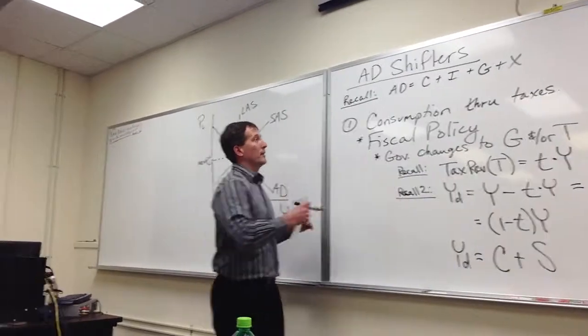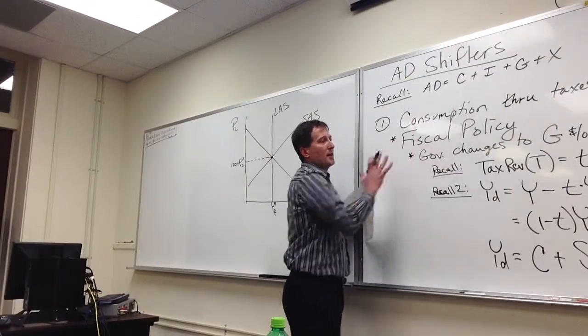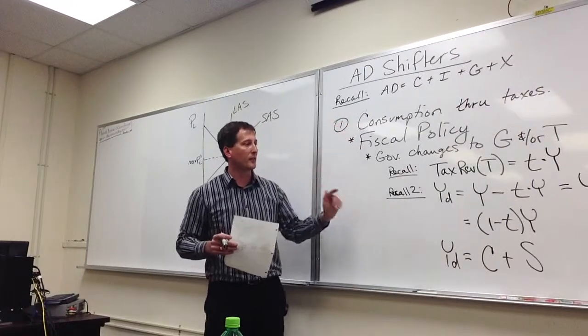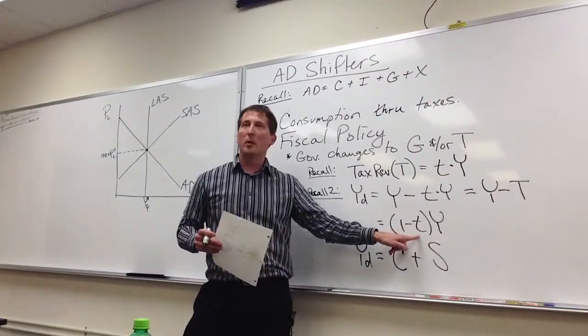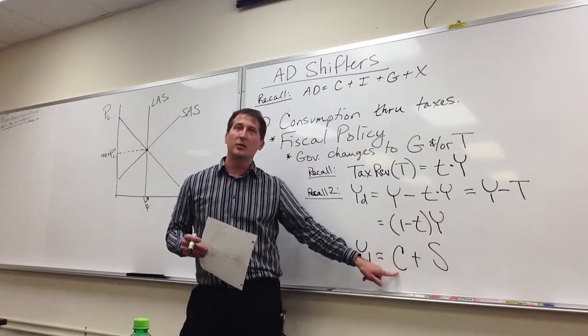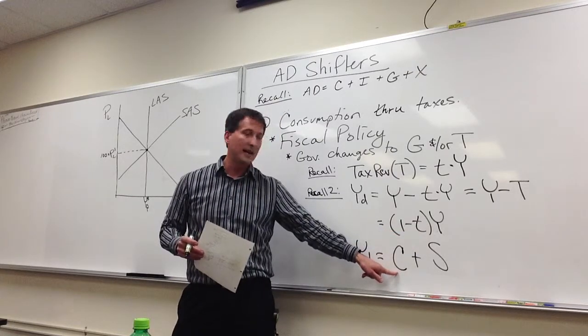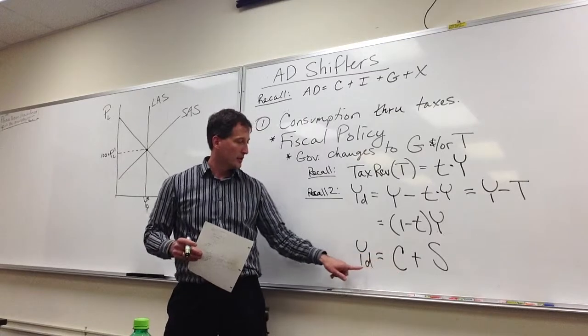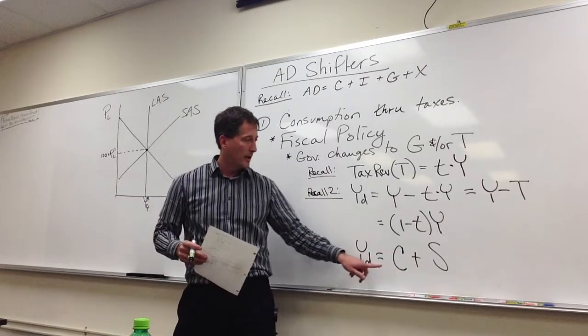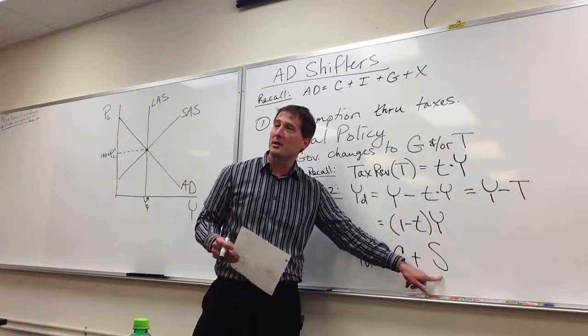So this ends up changing our demand for goods and services through consumption, because if the government collects more money, if they raise tax rates, then I'm going to reduce my consumption. So that's going to cause me to have less disposable income, and I'm going to reduce consumption. By the way, I'm also going to reduce savings.